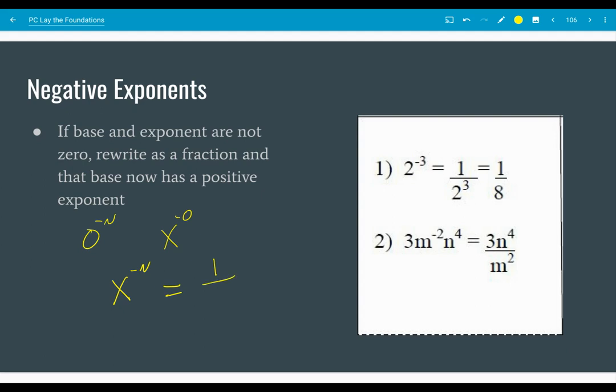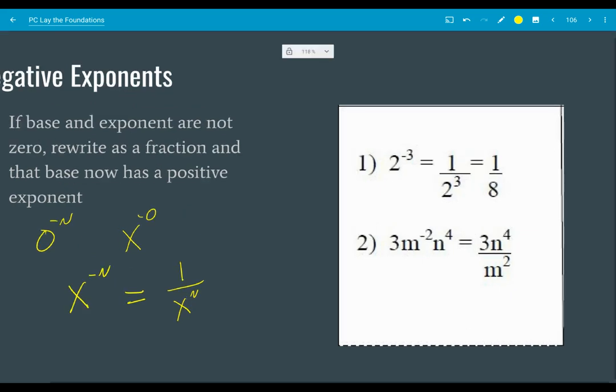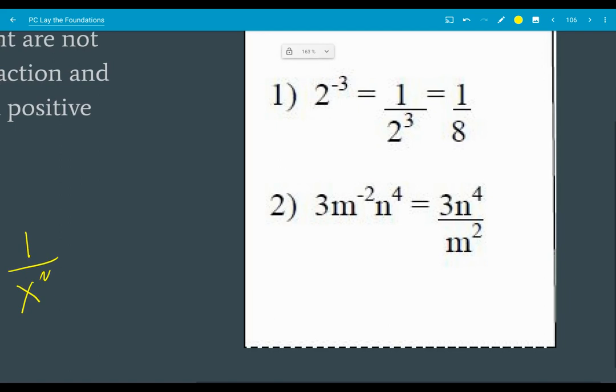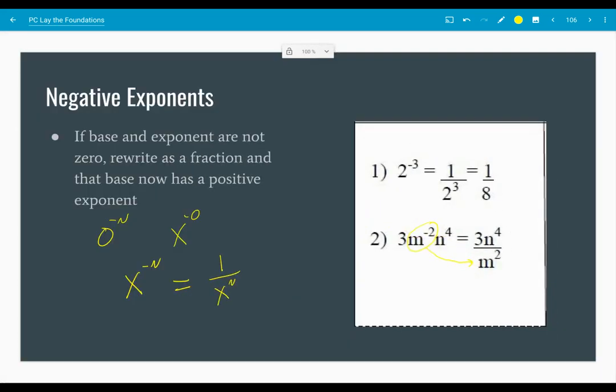So this is the same as 1 over x to the n, and the n is now positive. This will become more important later in your math career when you get into calculus, because we rely heavily on the exponent rules. We can look at these two examples as well. In the second one, we have 3m to the negative second power. So that moves as a fraction and as a positive exponent. So that is your negative exponent rule.